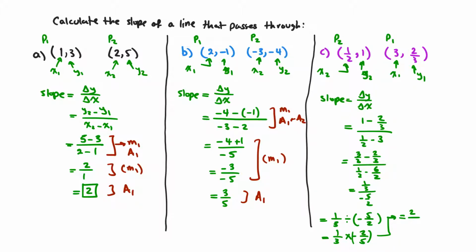My numerators will multiply together: 1 times negative 2 is negative 2, and 3 times 5 is 15. So I get negative 2 over 15. And that's the simplest form I can write this as.